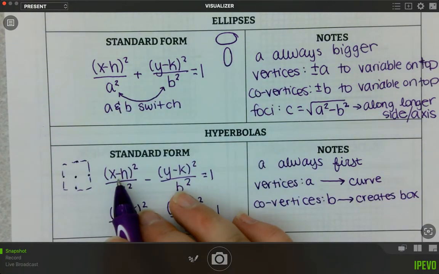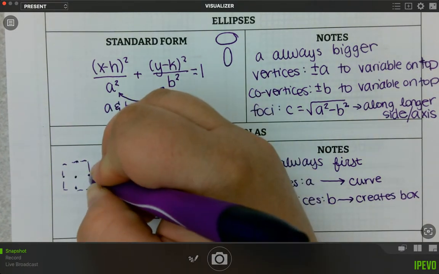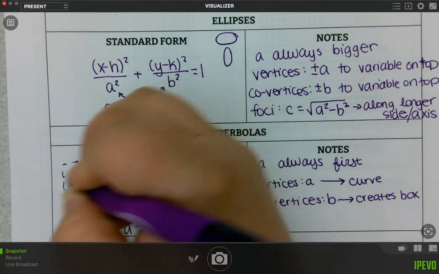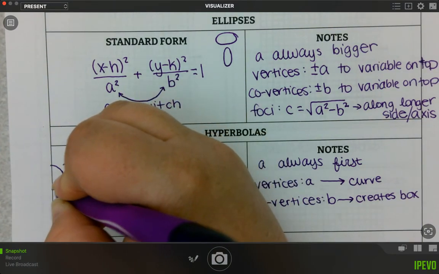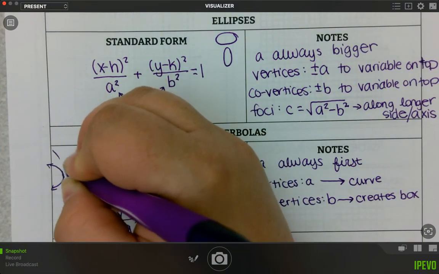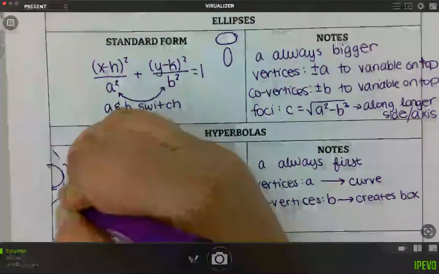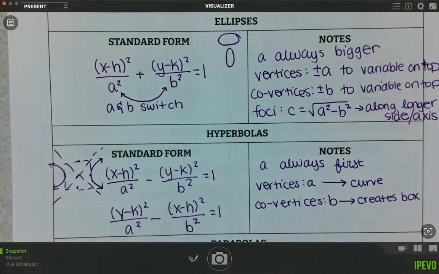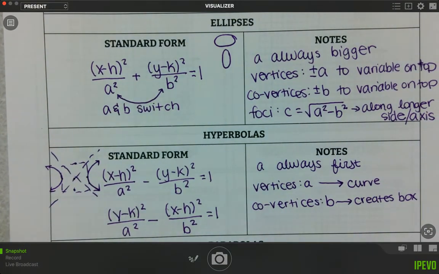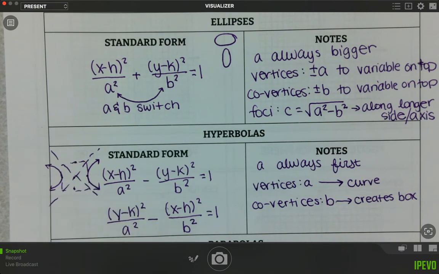Since X went first, that's the direction the two curves are going to go through. And I'm actually going to go ahead and draw my diagonals like this that go through the box. The whole point in drawing the box is so that you can draw the diagonals that go through it.